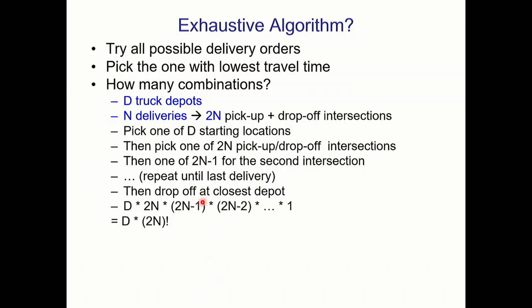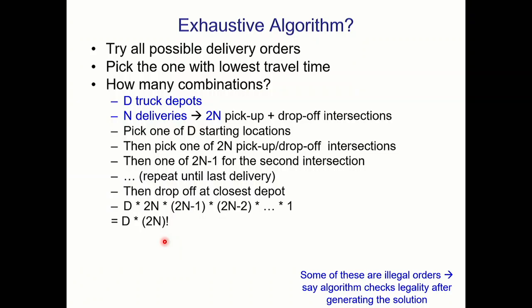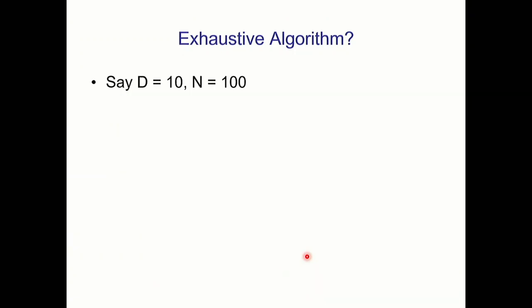But let's simplify the math. So now we have D times (2N) factorial, okay? This is the number of combinations that we can loop over to find the best solution for the truck, right? So again, some of these might be illegal, but just for simplicity, we ignore the legality check for now, and you can check it later.